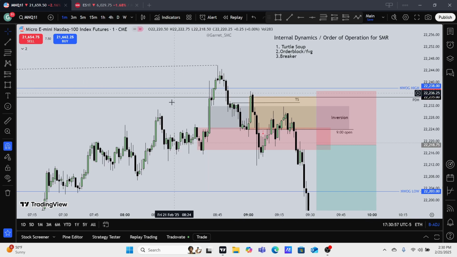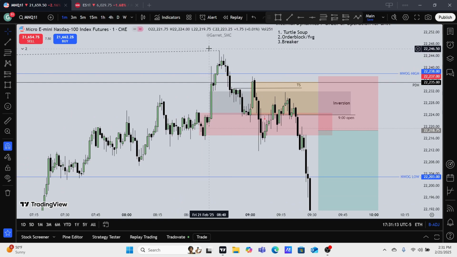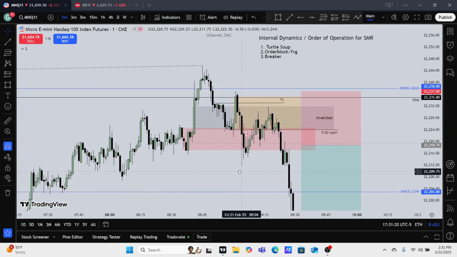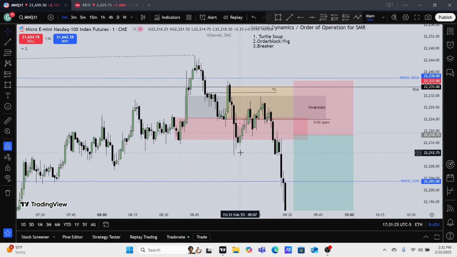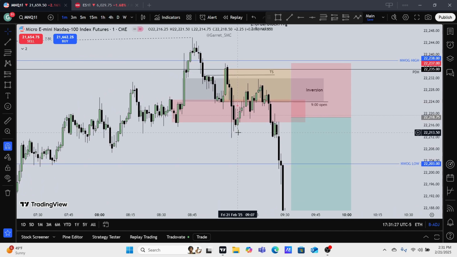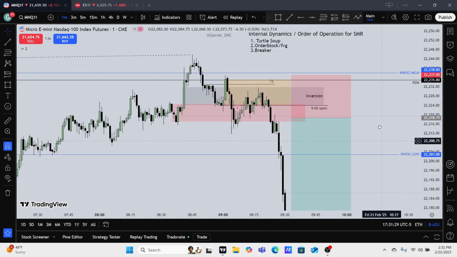You need to be looking for a sweep of a higher time frame key level in the form of a previous day's high, previous day's low, equal highs, equal lows, something like that. You need to have a sweep of higher time frame liquidity, an SMT, and then look for turtle soup, order block, and a breaker. And as you can see here in today's setup, I got all three, and that is why I was confident to enter in this short pre-market before the 9:30 opening.